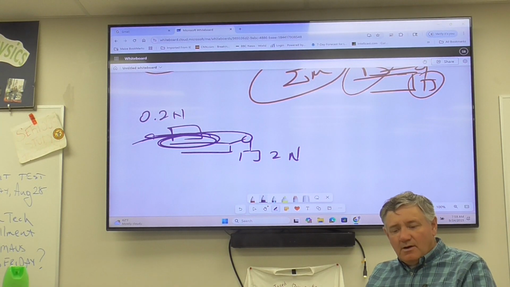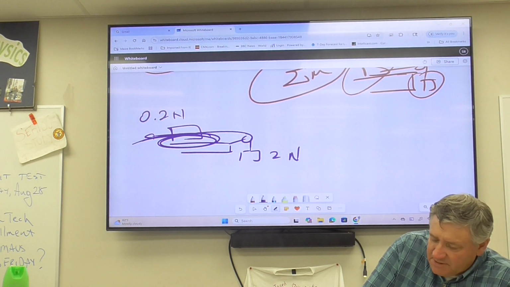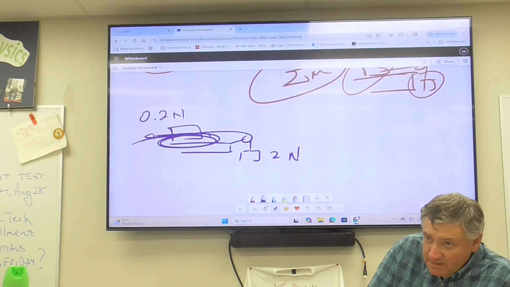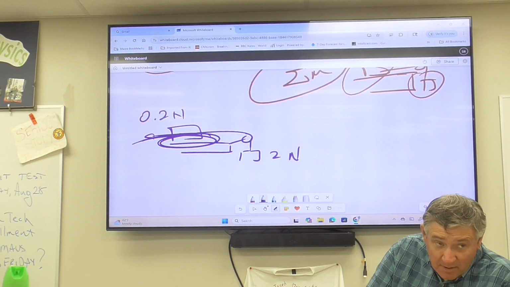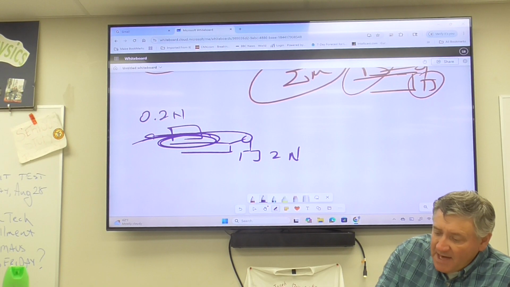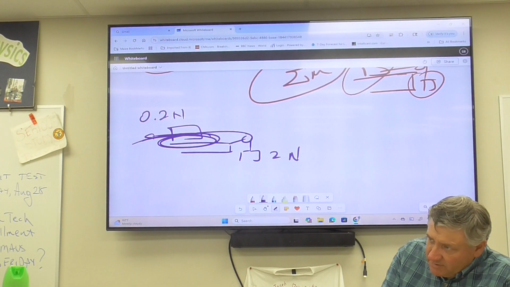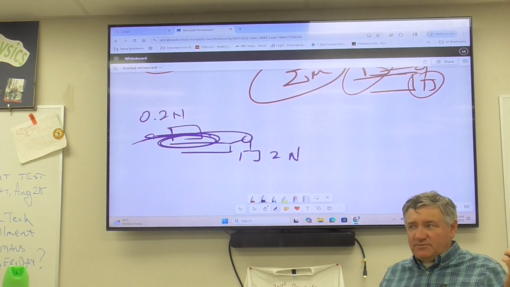Now, you should see that your answer to number 4, when you get that acceleration, should be around 4 meters per second squared. Your answer to number 1 is around 4.5. So here's what I want you to see: the acceleration on number 4 is less than your acceleration on number 1 because you have to overcome that force of friction.